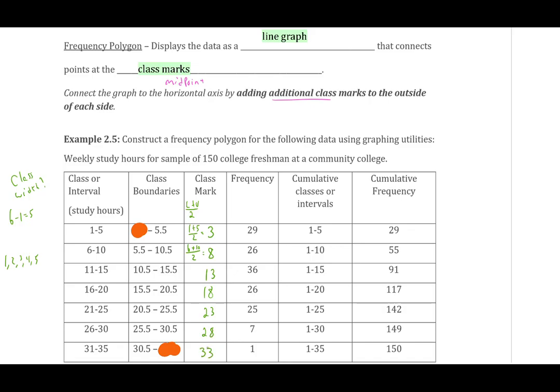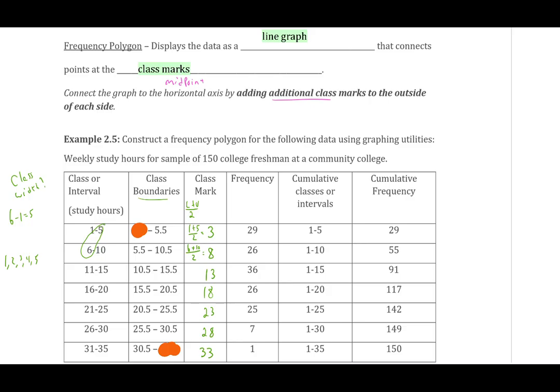I'm going to make a separate video for graphing these frequency polygons in both the TI-84 and GeoGebra, so you can look at those in the future, but we do need to know the class boundaries for the GeoGebra, so let me just explain this real quick. The class boundaries are again the midpoints between the upper class limit of one class and the lower class limit of the next class.